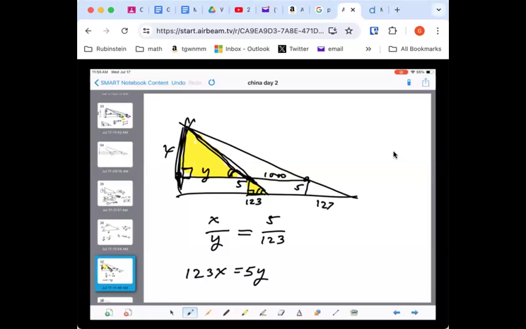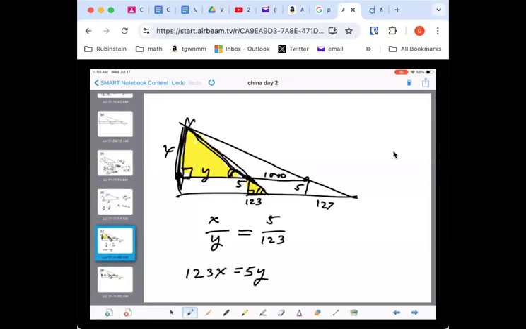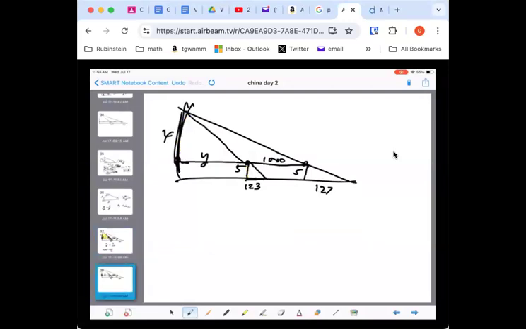Now, I'll come back to this page and I'll post it also. If I come over here, I'm going to use another color and make it blue. See the 5, 127 triangle? That is also a similar triangle, but it's similar to this thing.